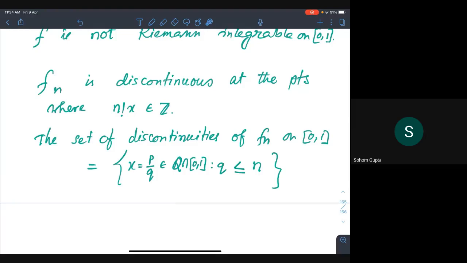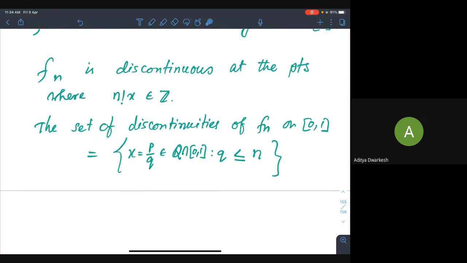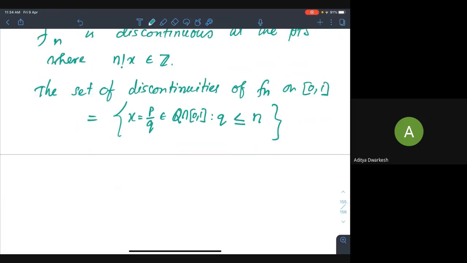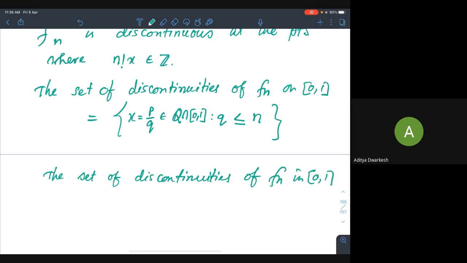So how many points are there? Finite, right? Yeah, sorry. So the set of discontinuities of Fn in [0, 1] is a finite set.